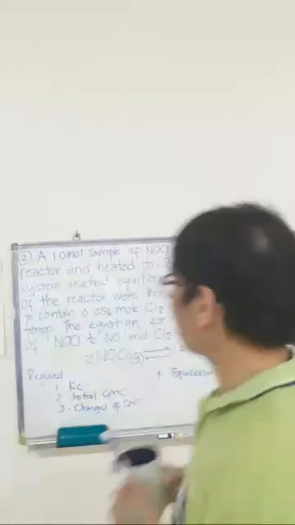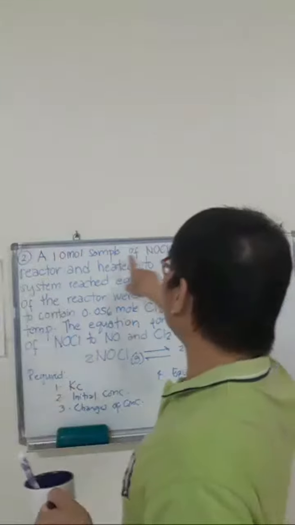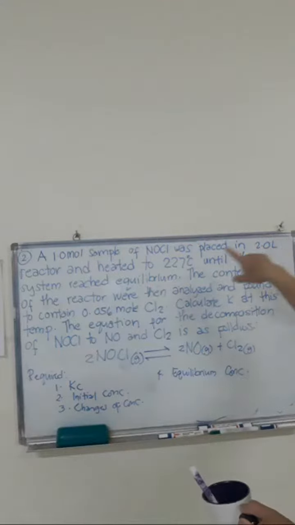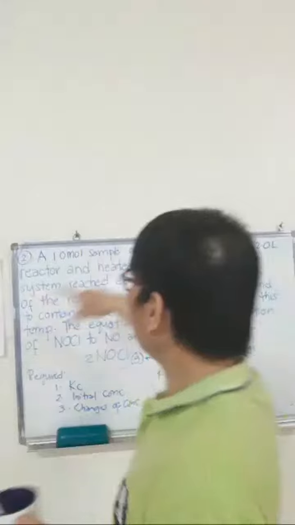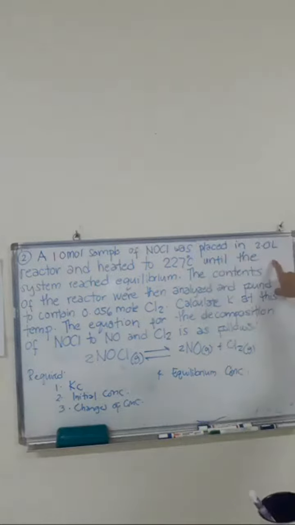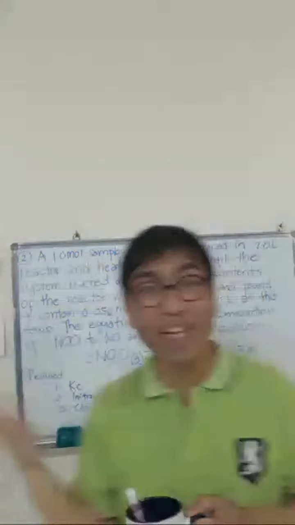Something like that. A 1 mole sample of NaOCl was placed in a 2-liter reactor, wow, reactor talaga, and heated to 257 degrees Celsius until the system reached equilibrium. That's very clear, right?